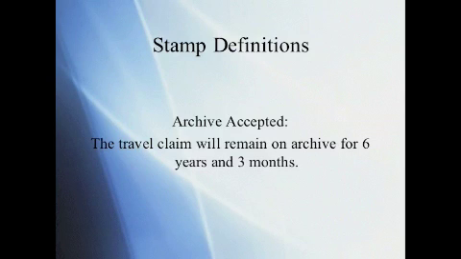And what this archive accepted lets you know is that you don't have to worry about printing off that voucher unless you absolutely have to have a paper copy. If there was ever a question regarding this travel claim, you could go into DTS and request that they send you a copy of this travel claim.